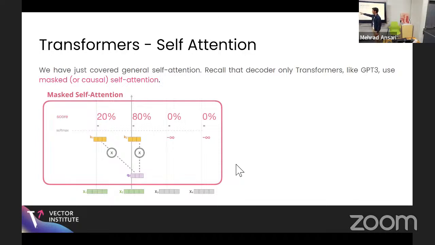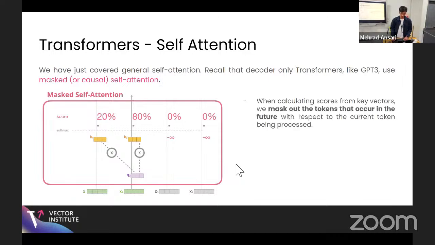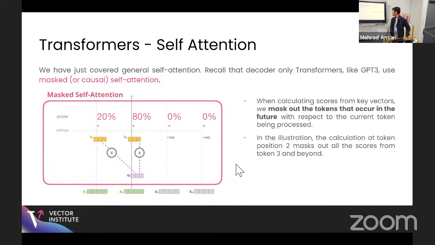Before we apply the softmax operation, we mask out the future values and then softmax to adjust the probability distribution over the current word and the ones that came before it. So that's how self-attention works for these decoder-only transformers. There's not much more to it.